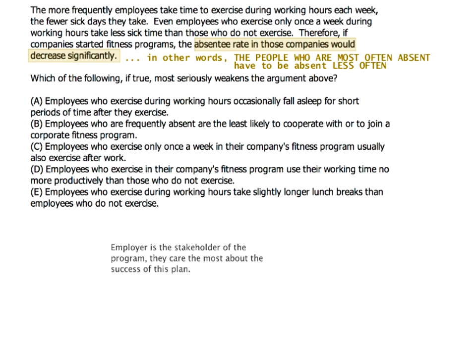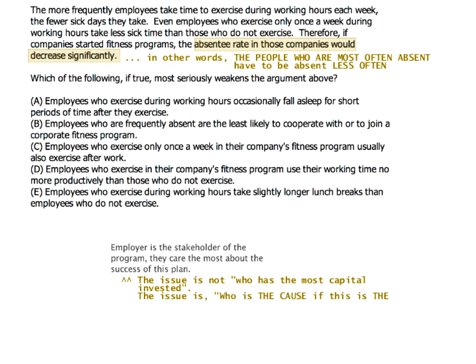Please don't type answers in the chat box, guys. Multiple choice answers are underneath your name. The issue is not who has the most capital invested, where capital is money, but also emotional capital and stuff like that. That's not the point. The issue is who is the cause if this is the effect. Just think about betting $5 million on some inconsequential high school football game.